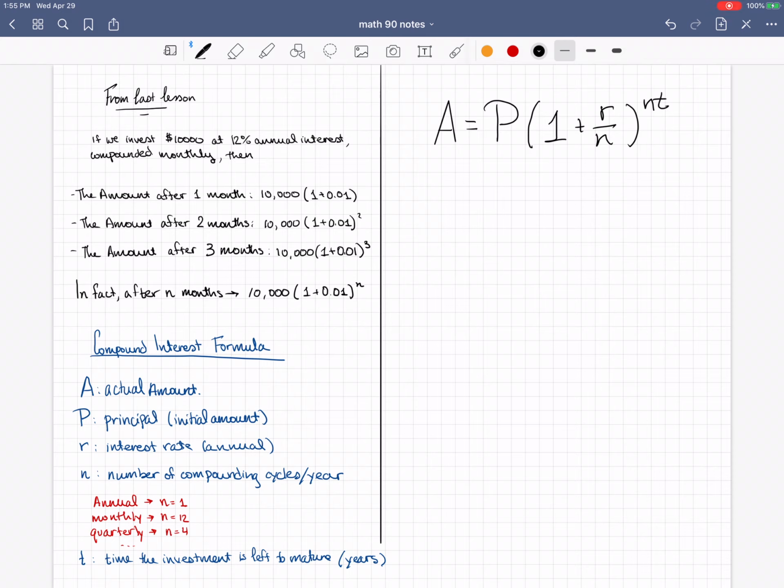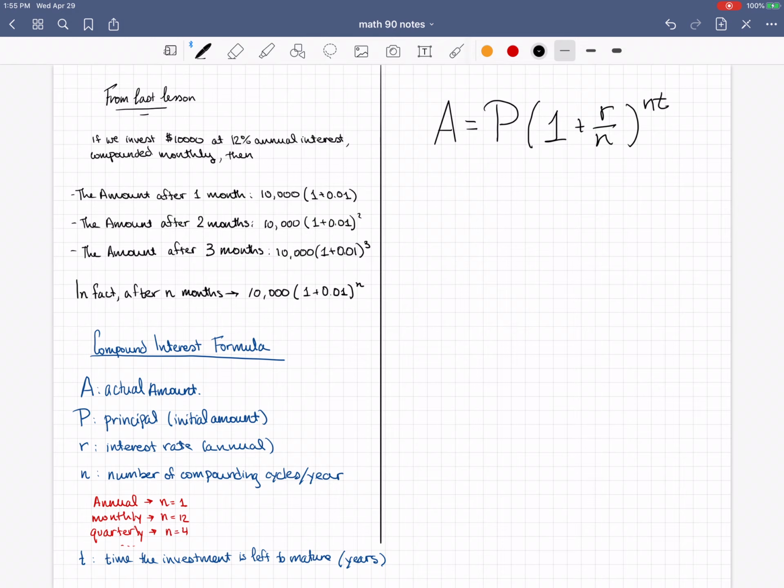Well, since the pattern that we were starting to establish was in months, you would have had to convert those 2 years into months, and it would have been 24. So that is where that nt comes in, because the fact that we were compounding monthly means that if you're being asked a question about years, you'd have to convert those years into months.